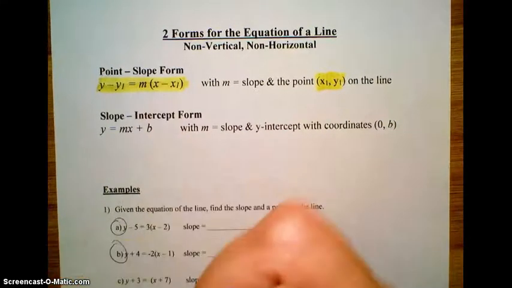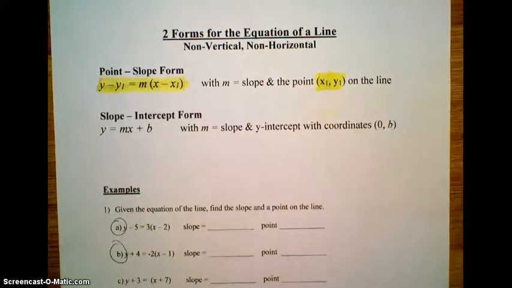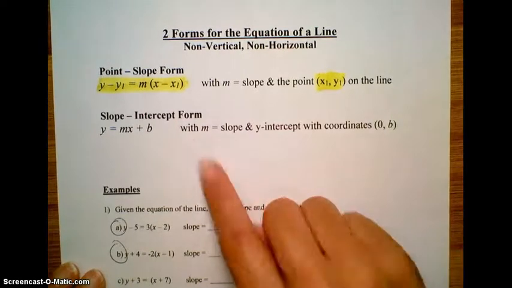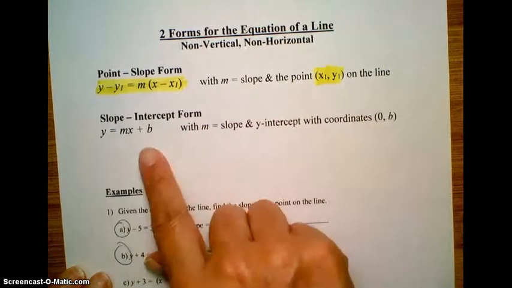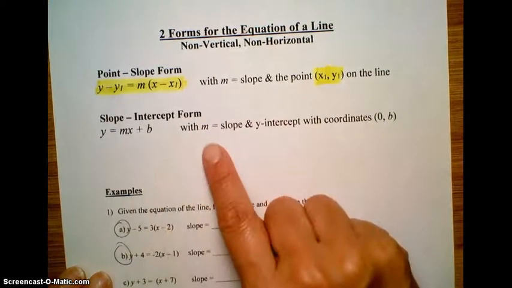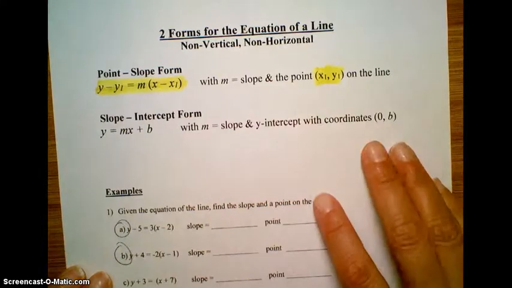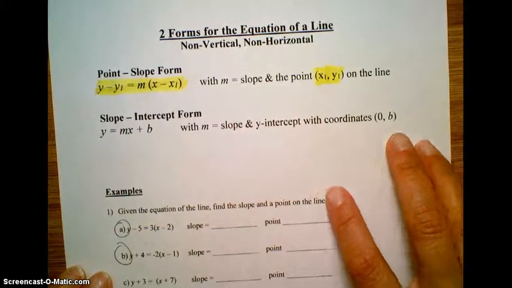This x and this y will remain as they are so that you can find other values for points on your line. The second form is slope-intercept. y equals mx plus b. Again, m is the slope, and your y-intercept will have coordinates 0, b.